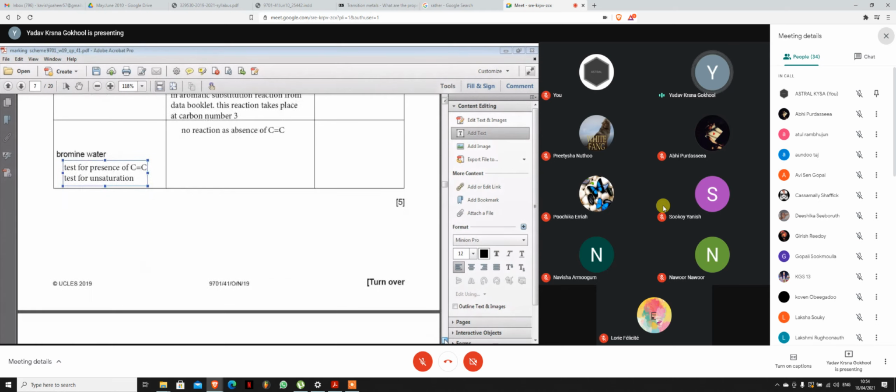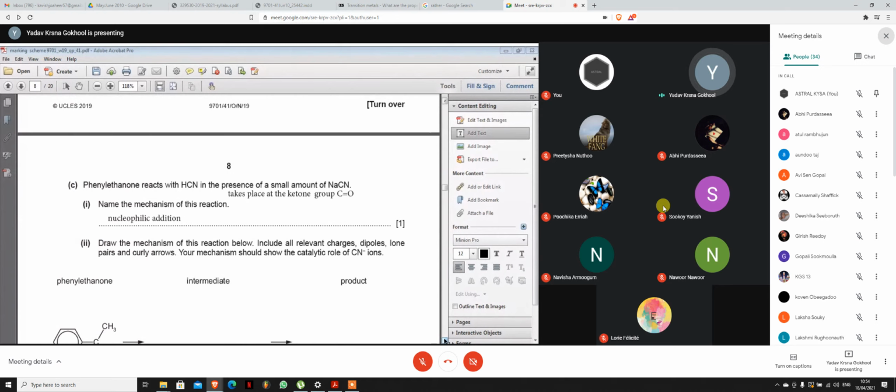Phenylethanone reacts with HCl in the presence of small amount of NaCN. So this is the nucleophilic addition.